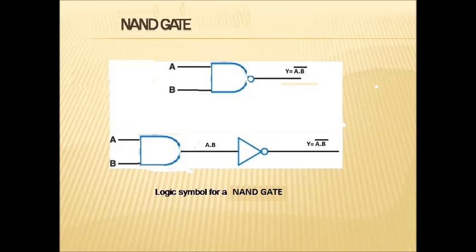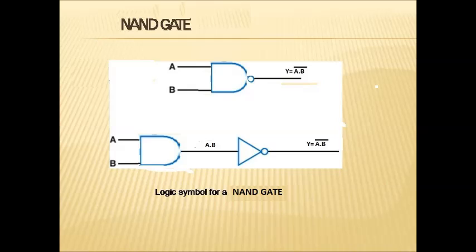We already learned that NAND is the combination of a NOT gate and an AND gate. In the first diagram you can see it includes the AND gate and a bubble. That bubble is from the NOT gate. So you can clearly see that the NAND gate is a combination of NOT and AND gate.